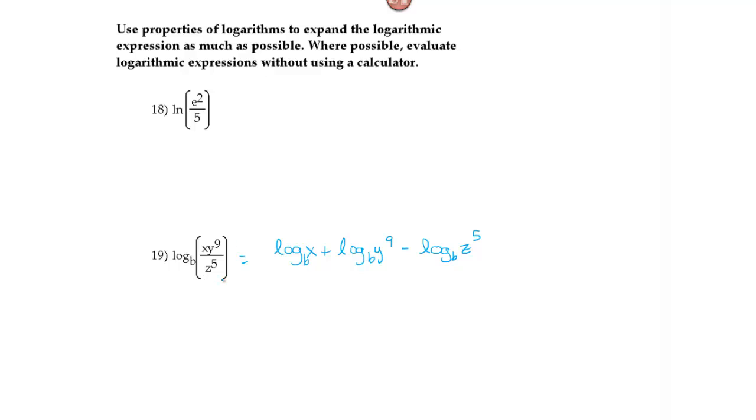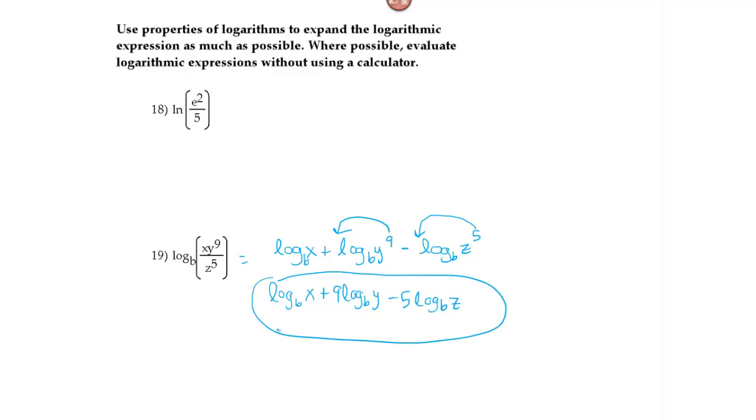So now each thing up here, the x, the y, and the z, they each got their own logarithm. The other thing we can do when we expand is we can move the power in front of our logarithm. And that's it. That's our answer right there.